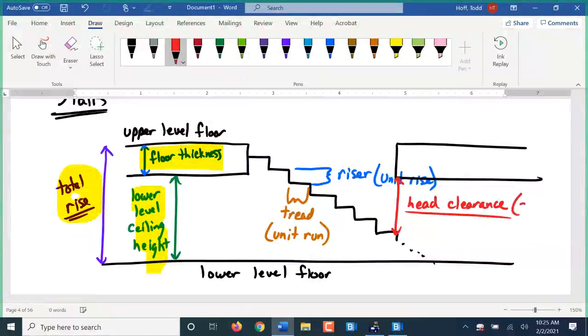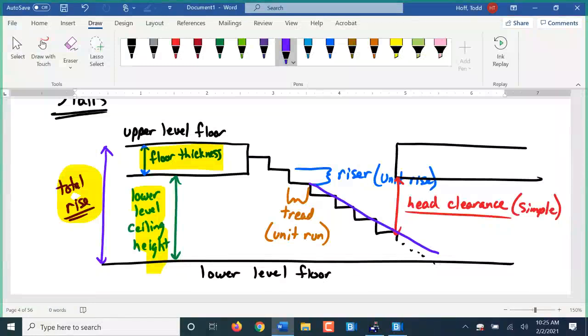I'm going to label this as simple head clearance, because code no longer allows for that to be an adequate calculation anymore. What the code now requires is called a planar head clearance.